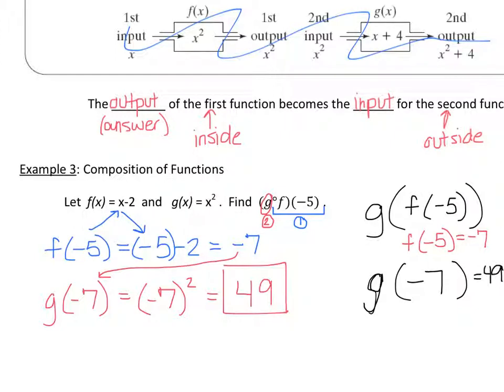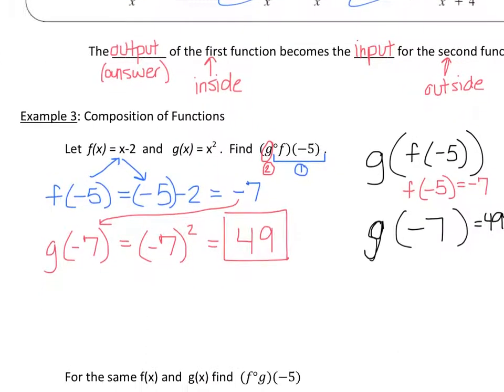Does that make sense? We just replaced this entire thing with negative 7. I think that way is easier to look at, but they're going to write it like that with the little dot thing, circle, degree sign looking thing. Any questions at the moment?